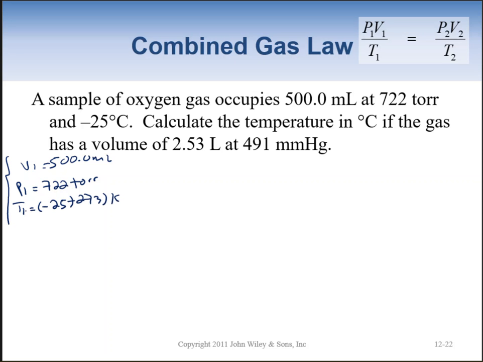Now we want to calculate the temperature. So we want to know T2, and we want it to be in degrees Celsius. If the gas has a volume of 253 liters, so V2 is 253 liters and P2 is 491 millimeters of mercury.